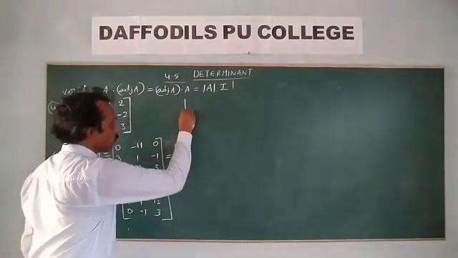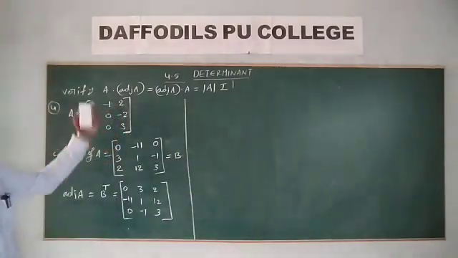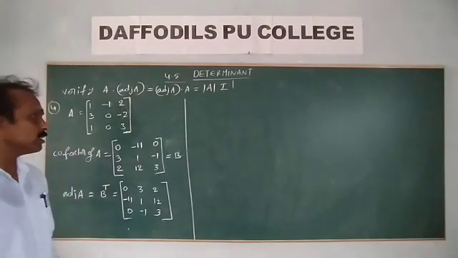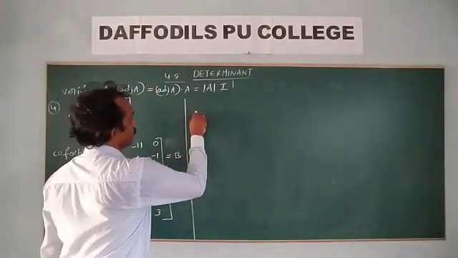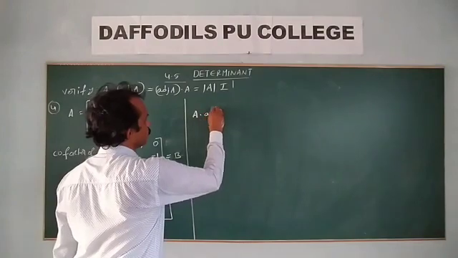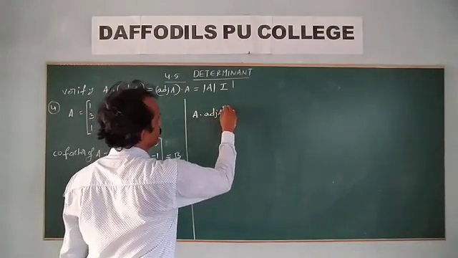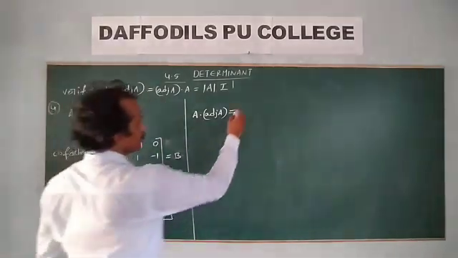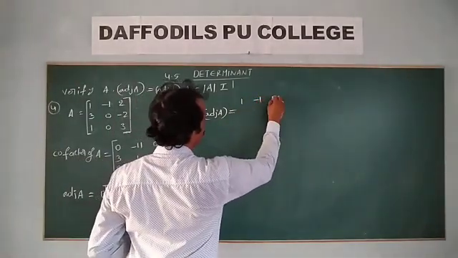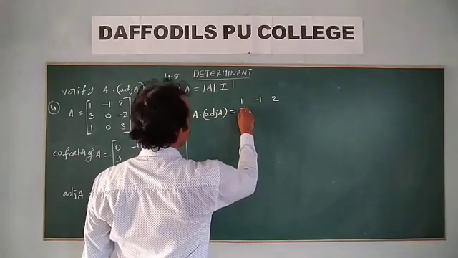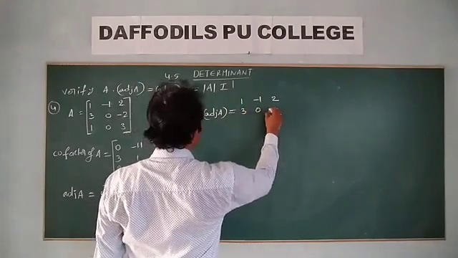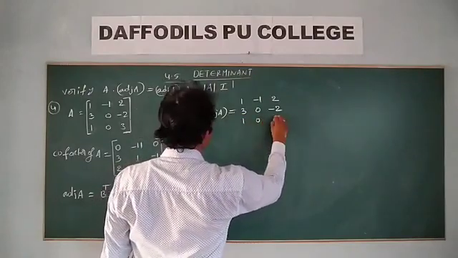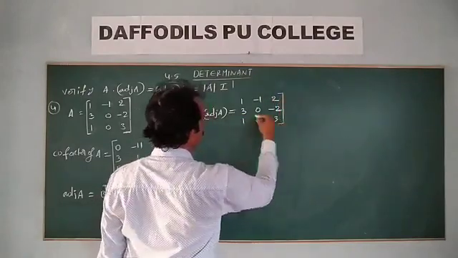Now verify. What will we verify? A into adjoint A is equal to determinant A into I. Now we'll take A into adjoint A. A is 1, minus 1, 2, 3, 0, minus 2, 1, 0, 3.